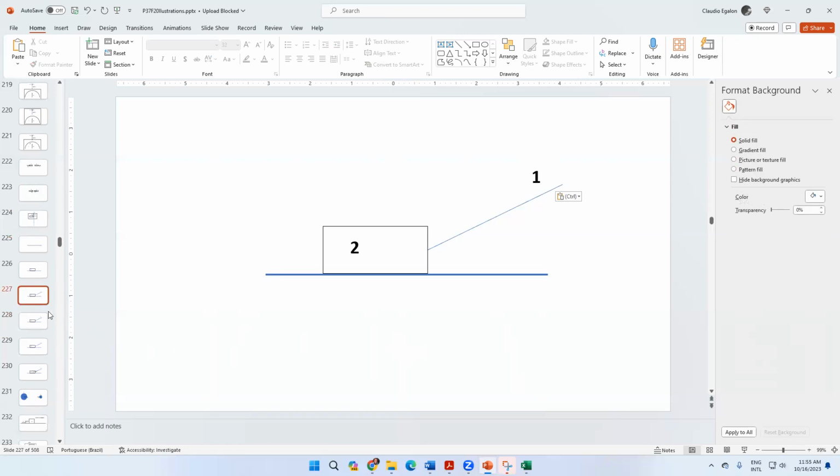Surface, mass, string. Okay, and what's going to happen?